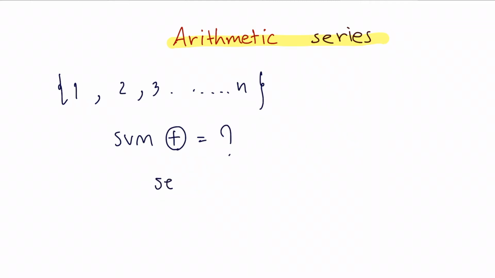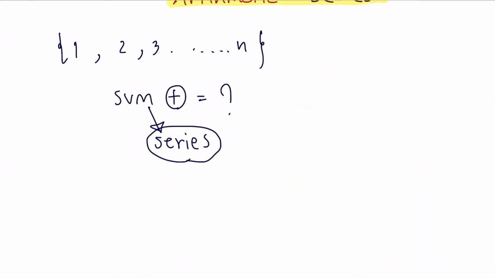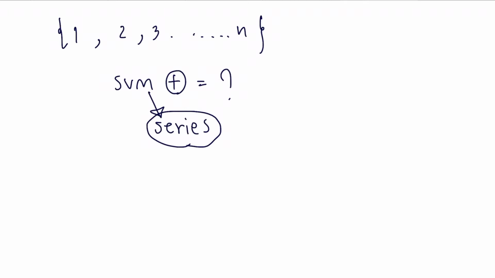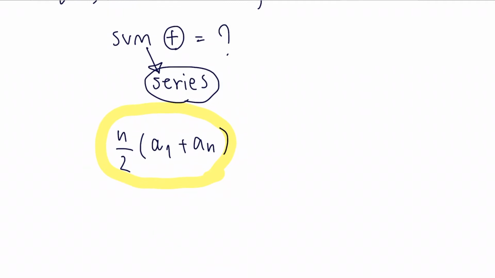And the sum of a sequence we call a series. So, what is the sum? And there's some trick that I want to give you today. The technique is, the arithmetic series formula is n over 2 times (a1 plus an). This is the formula. So, how to use it?